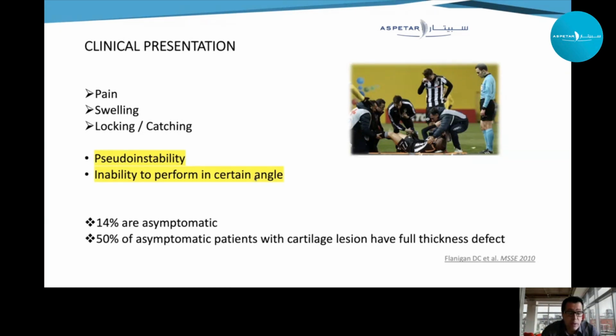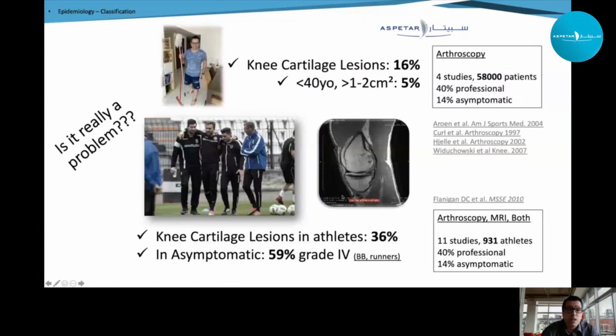But we have to bear in mind that very high level studies have been published showing that almost 14% of athletes at this level are asymptomatic without having any symptoms. And up to 60% of them can even have focal, deep cartilage defects, being asymptomatic for a long period, even for the whole season.